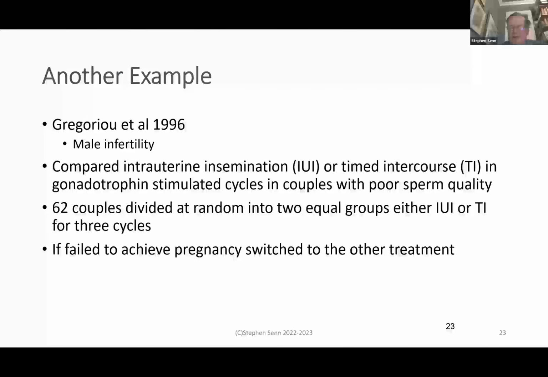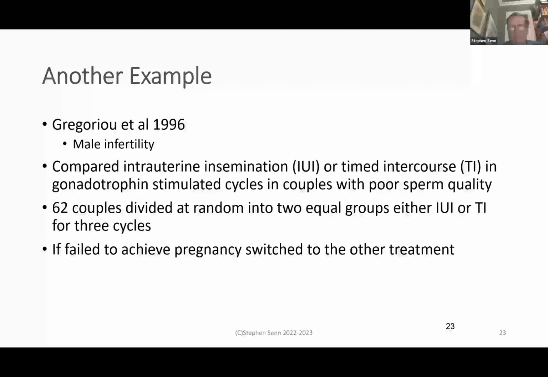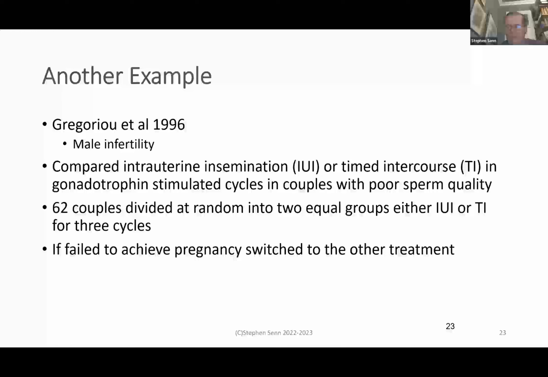If they failed to achieve pregnancy, they switched to the other treatment. So here it was 3 menstrual cycles. It's a fortunate use of the same word, if you like, for which it was an attempt to achieve pregnancy. And then they were switched to the other treatment for the remaining 3.